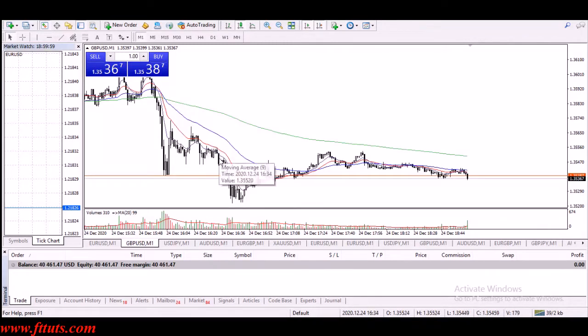For example, like here, let's say I have entered a sell order here, and my take profit would be below this one. My stop loss is above EMA 200, and my take profit is below this one.